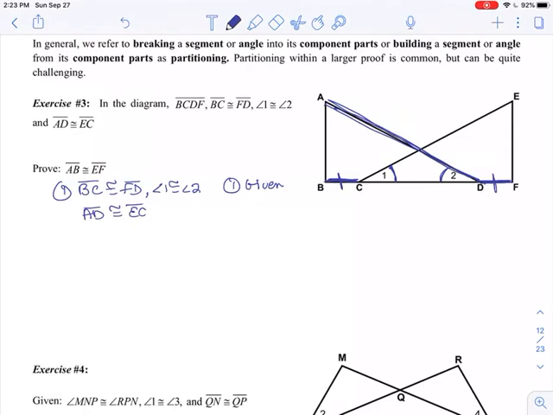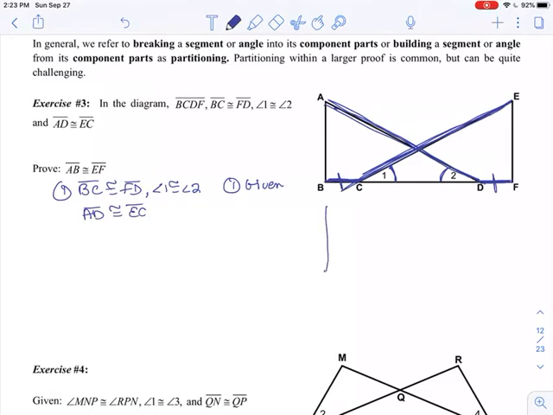Okay, so that's good. That's a whole side. Congruent to FD, no, which one? AD is congruent to EC. Sorry, this one. So the only problem I have right now is that I don't have the whole side.